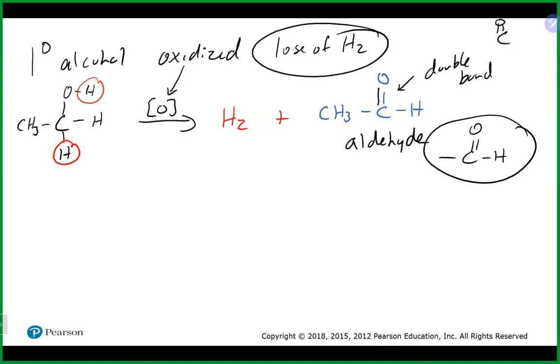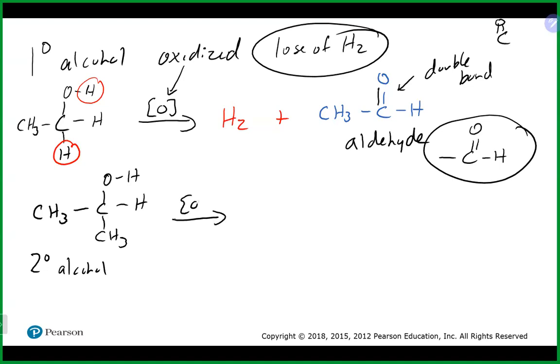So if I take a secondary alcohol, like this guy, and I put it through an oxidation reaction, the exact same thing is going to happen. I should take a hydrogen off of which file?